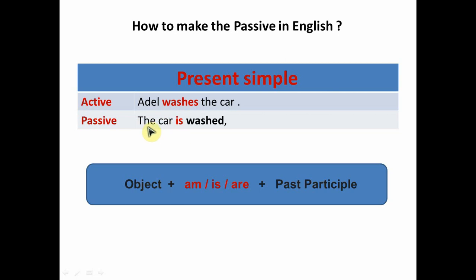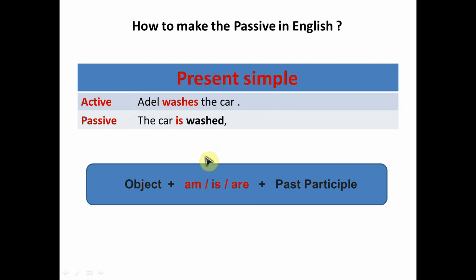Okay, so then I have to move the object to become the subject of the passive sentence. So I have to start with the car. We have to check the tense of the active sentence. Yeah, the active sentence here is in the present simple tense, so I have to put the verb to be in the present simple.